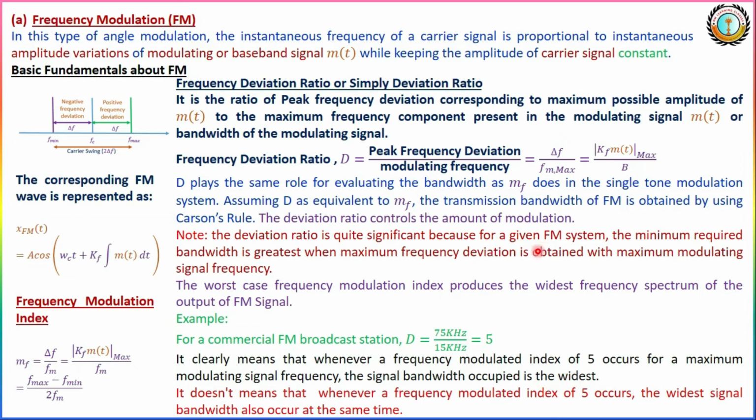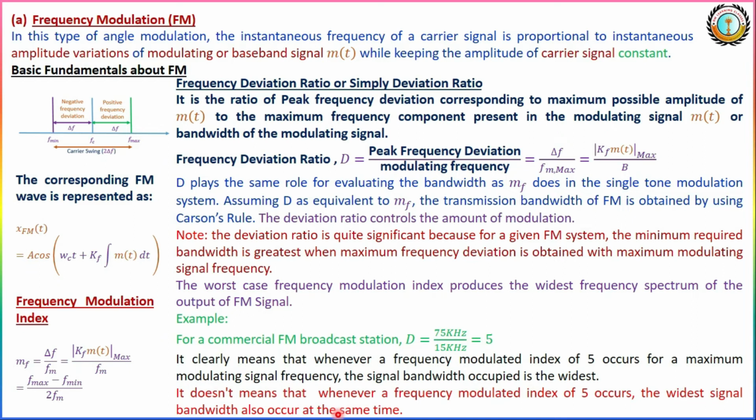But that example does not mean that whenever a frequency modulation index of 5 occurs, the widest signal bandwidth also occurs at the same time.